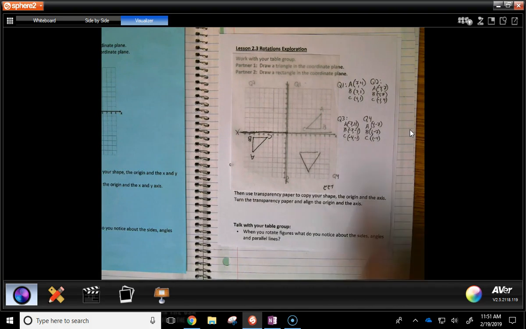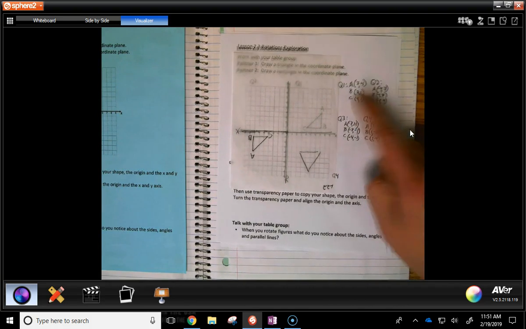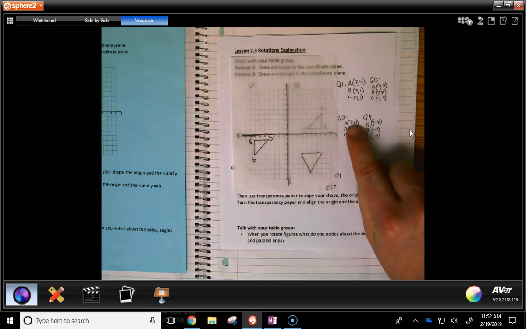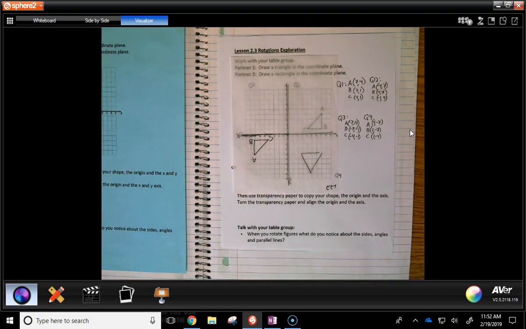So when I look at my quadrant 1 to 3, we see that the coordinates 7, 4 and negative 7, negative 4 are the same numbers. But we're just going to have to decide where should they be for positive and negative.